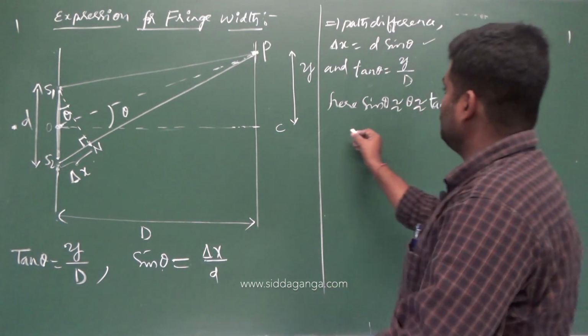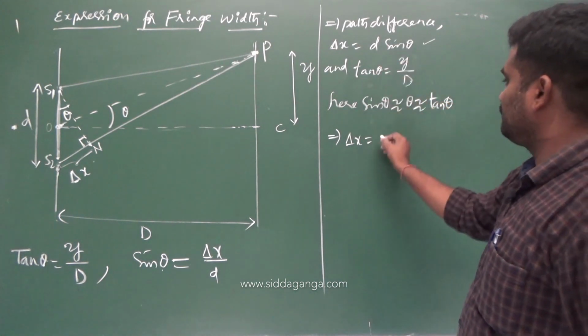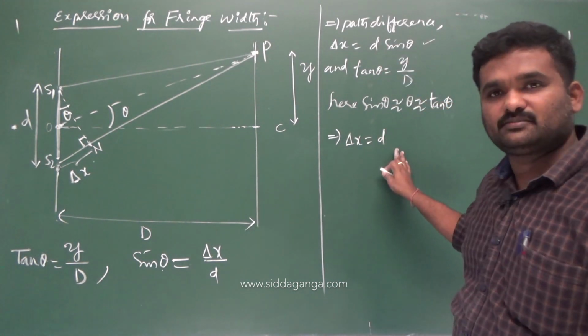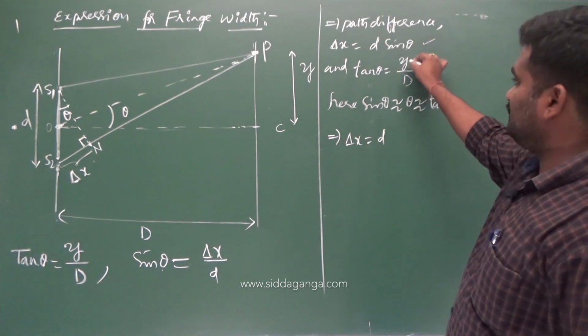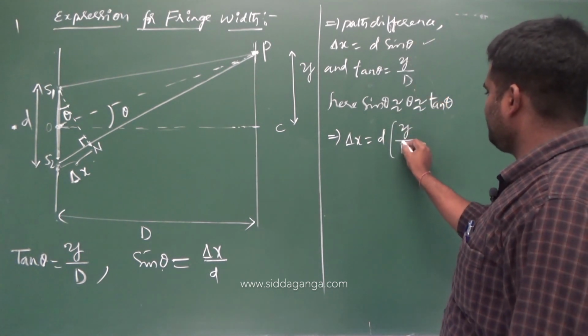Path difference delta x will be equal to, retaining small d, in place of sin theta writing y by D, so it will be d into y divided by D.